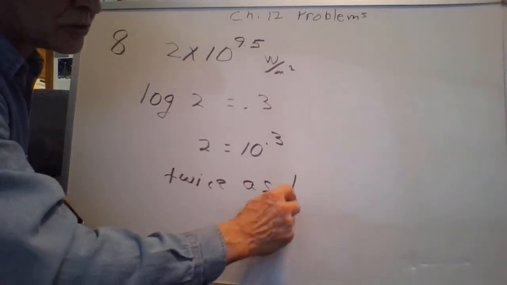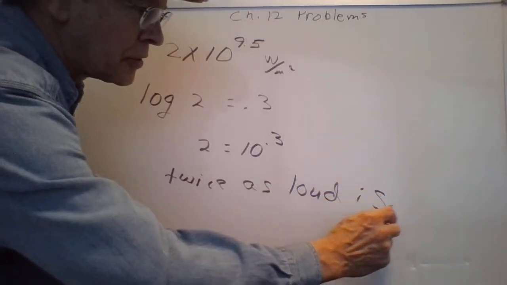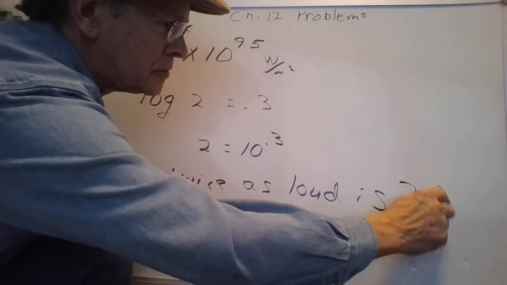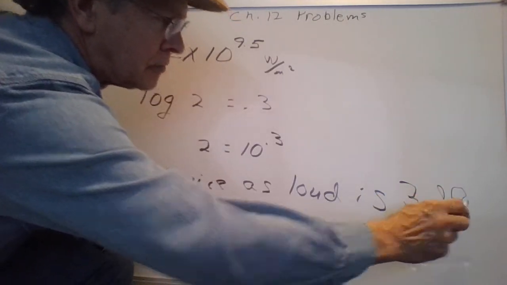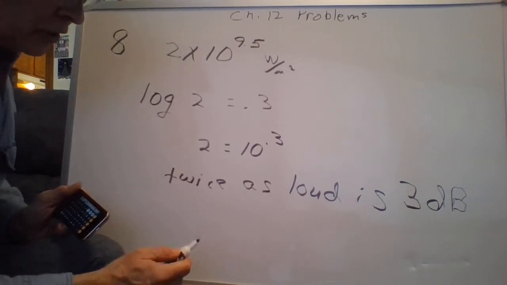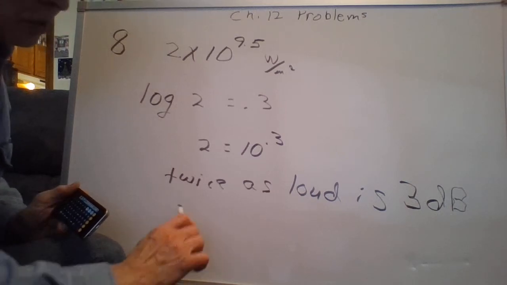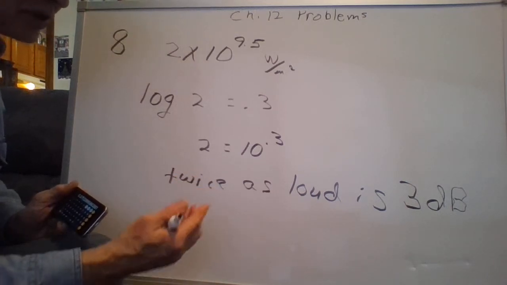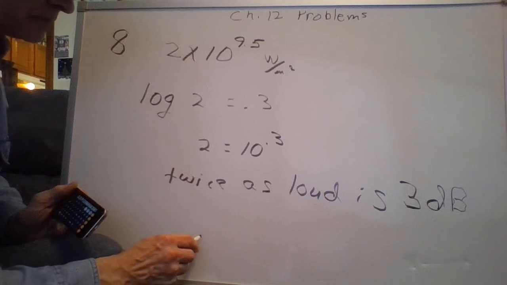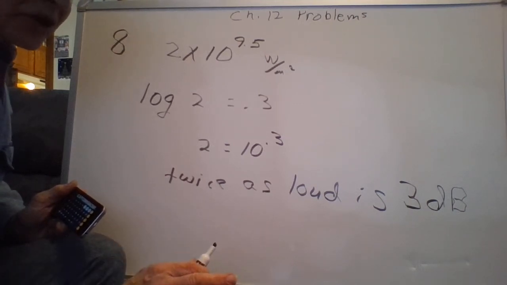This is one that you could just remember. Twice as loud is 3 decibels. On volume controls, these faders that you see on a soundboard or even on your radio, sometimes they will tell you 0 decibel will be no change.